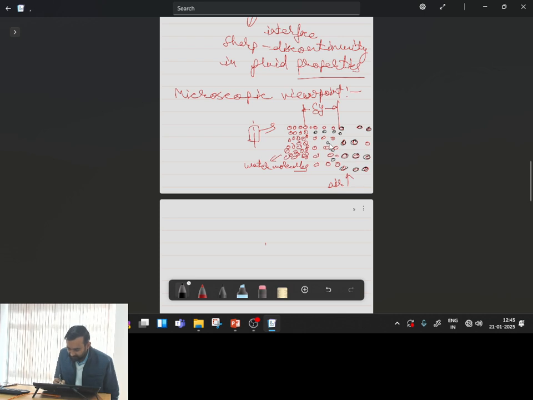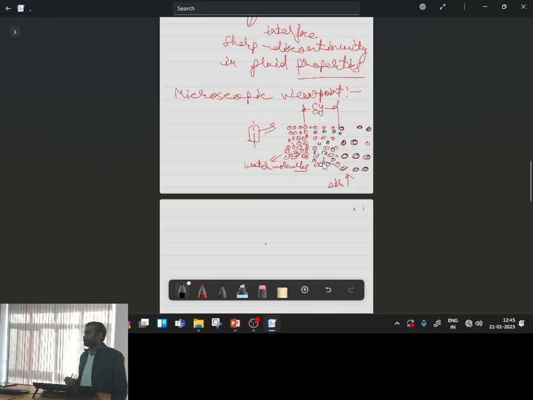What is this? Here you can see that molecules of air are also present and molecules of water are also present. Intermolecular distances here are very close, so molecules are very close to each other.